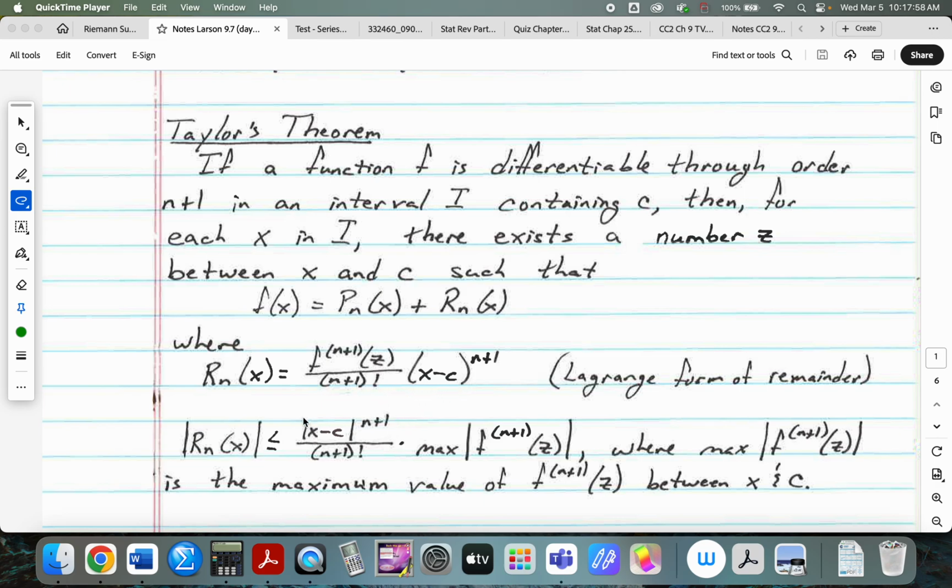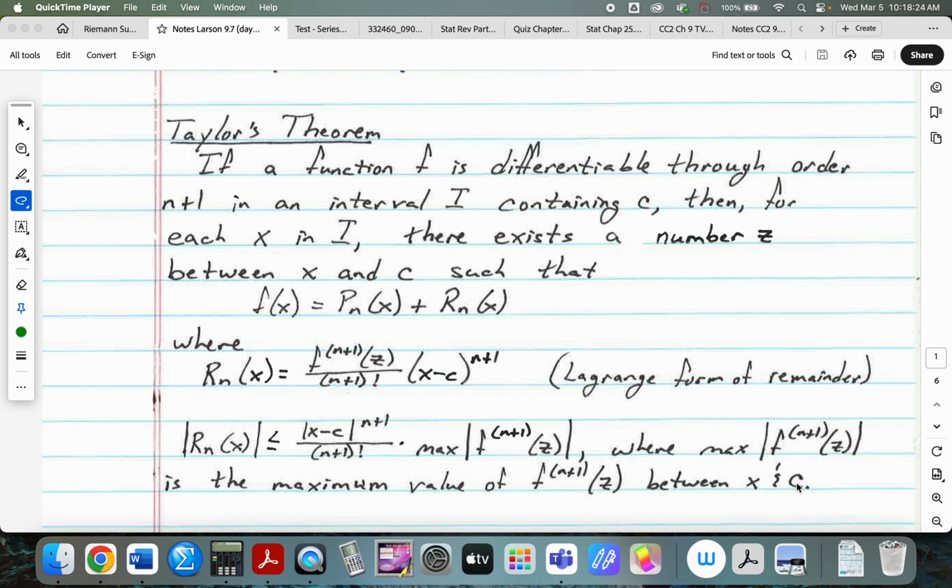So basically we're taking the absolute value of all this stuff, where the maximum of the n plus first derivative of f at z is the maximum value of the n plus first derivative between x and c. So x is where you're trying to evaluate it, and c is where you're centering it.